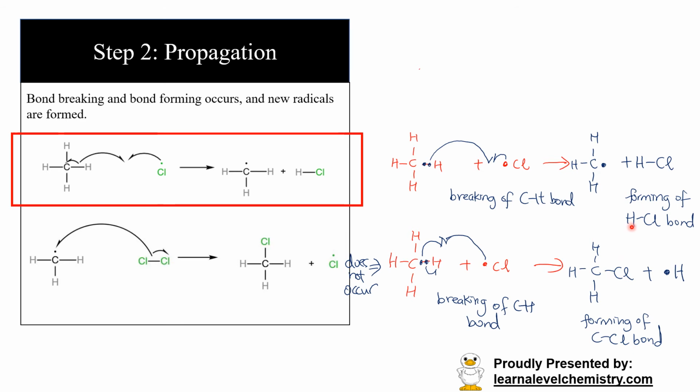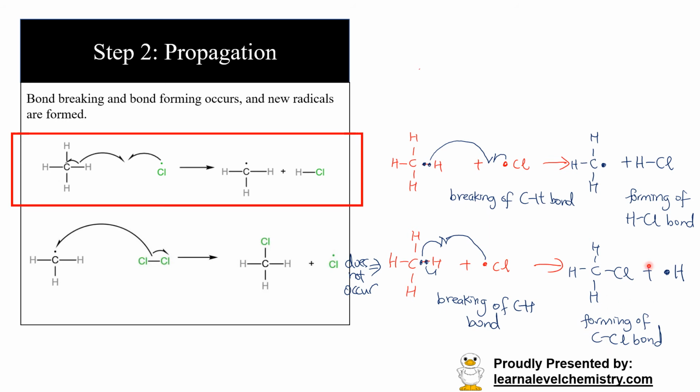There must be something different between forming HCl versus CCl bond that makes this reaction favored over this one. That is why we don't have hydrogen free radicals. Both involve breaking of the CH bond, so nothing to talk about because they are the same. This is the difference: forming of HCl bond versus forming of CCl bond.